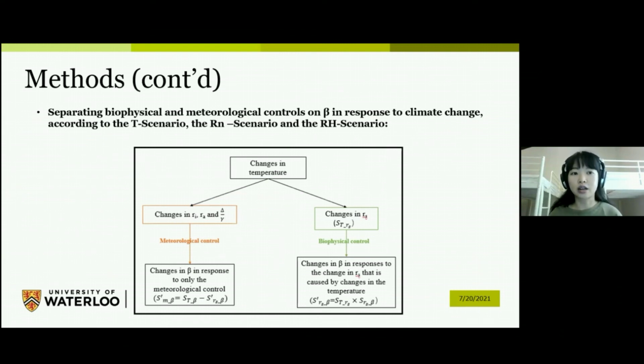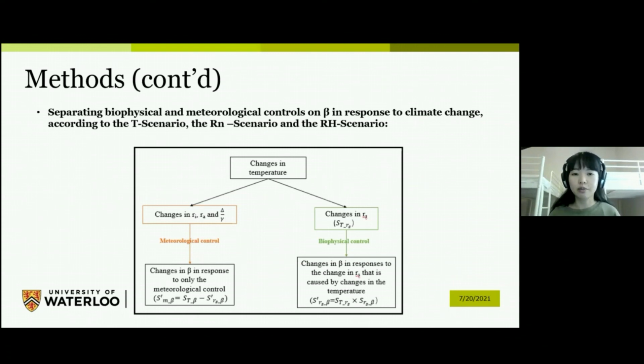So, for example, in the temperature scenario, the magnitude of the biophysical control is the changes in the Bowen ratio in response to the changes in surface resistance that is caused by changes in the temperature, while the meteorological control is the difference between the overall changes in the Bowen ratio in response to changes in temperature minus the changes in Bowen ratio under the biophysical control.